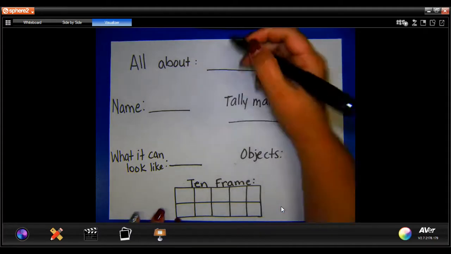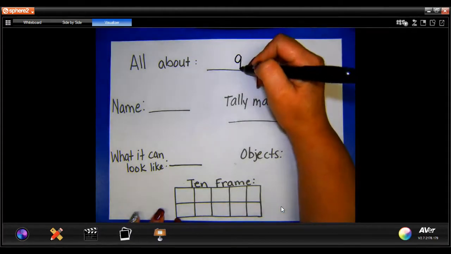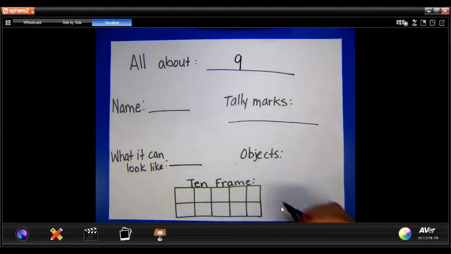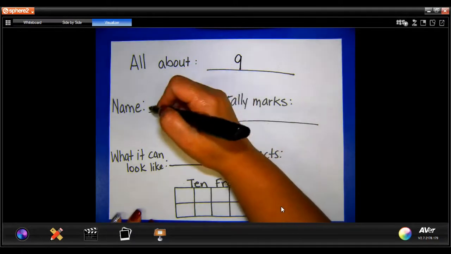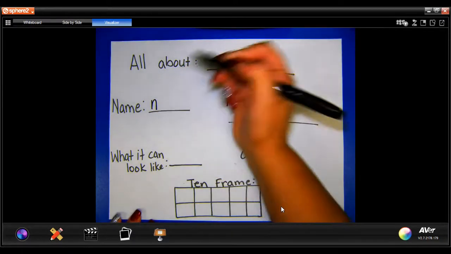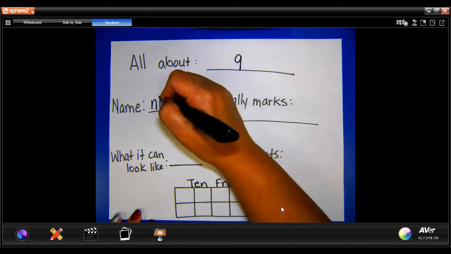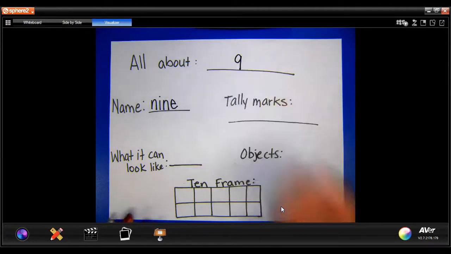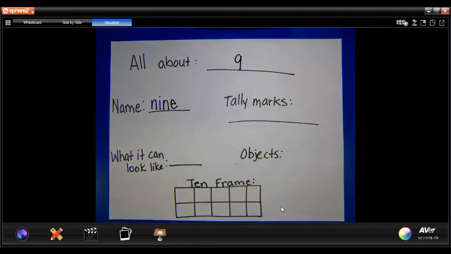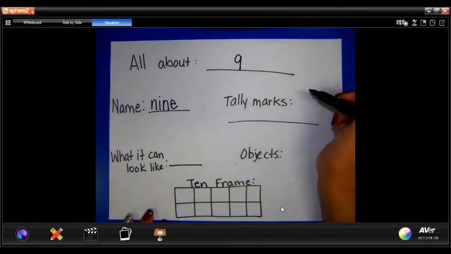All about number 9. We're working on number 9. Okay. So this is how you write number 9 in English. It's N-I-N-E. Good job. So now we're going to do tally marks.